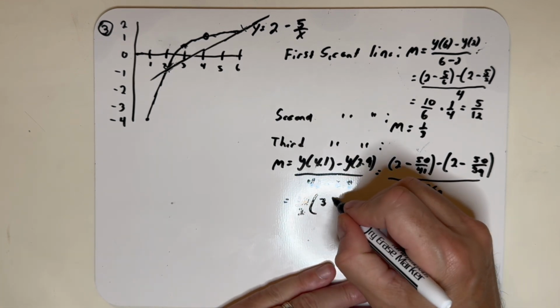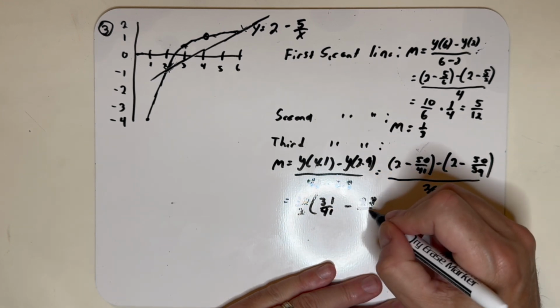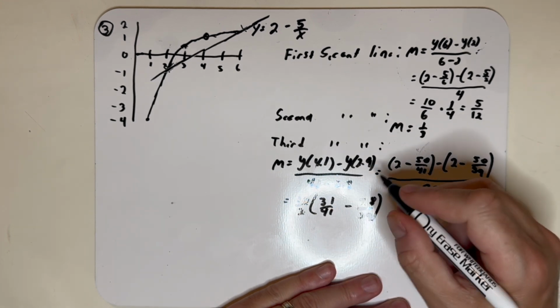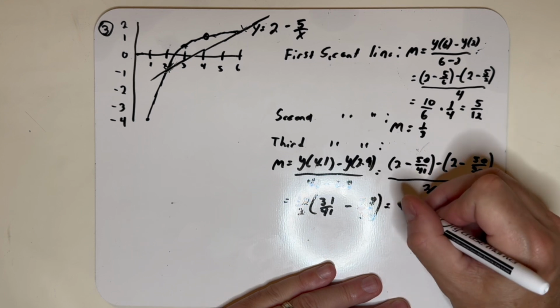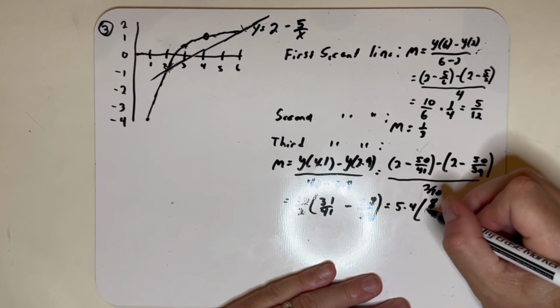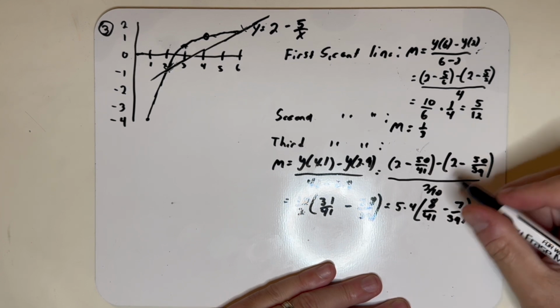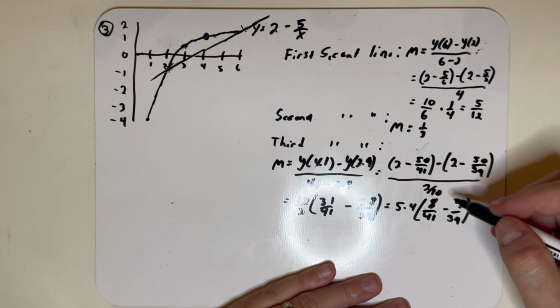times 32 over 41 minus 28 over 39, which can be written as 5 times 4 times 8 over 41 minus 7 over 39. So you see I factored out a 4 out of this. Right?